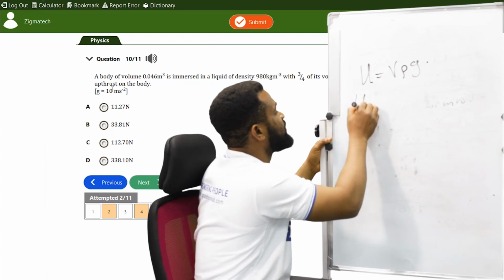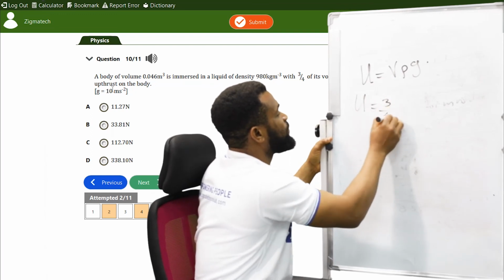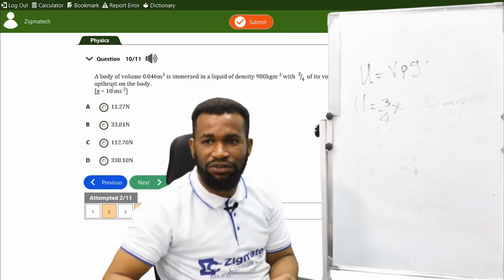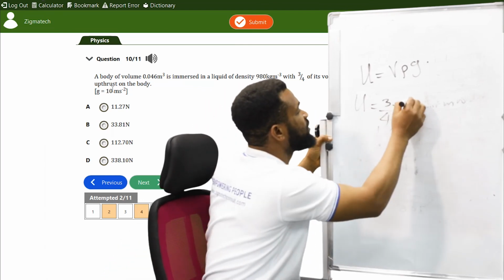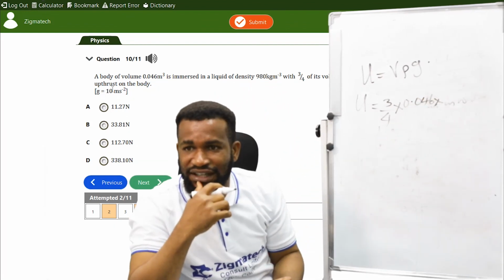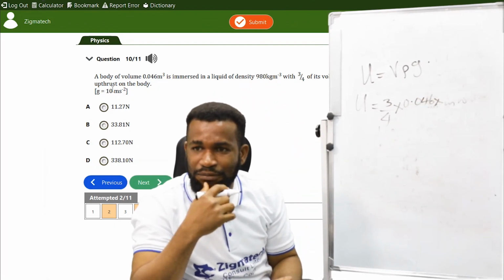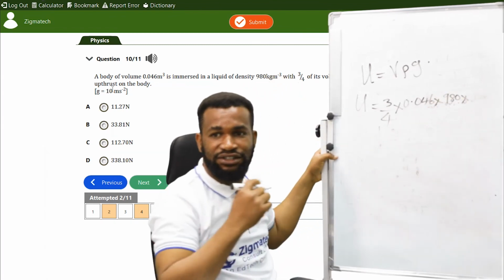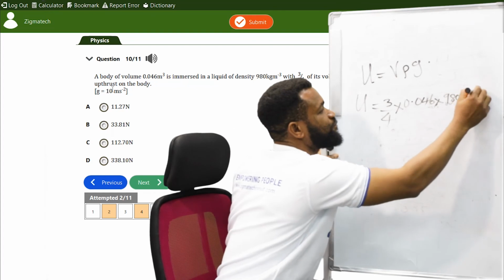So I'm going to have 3/4 times the volume, 0.046, times the density, 980, times acceleration due to gravity, which is 10.